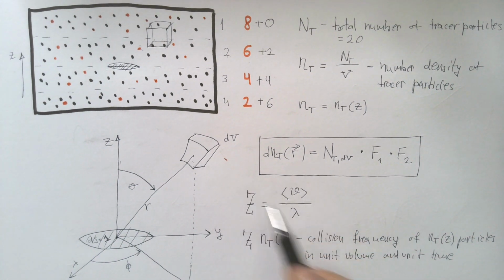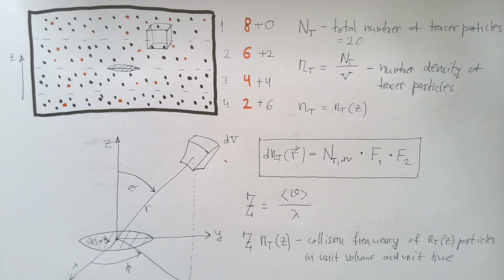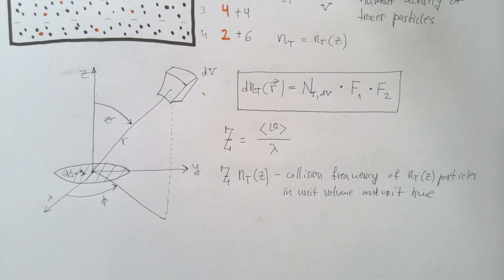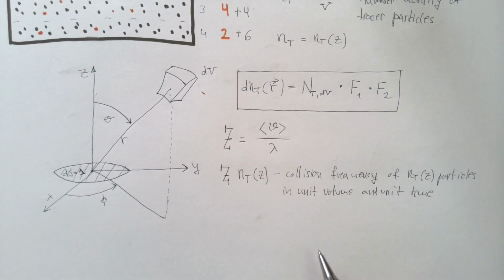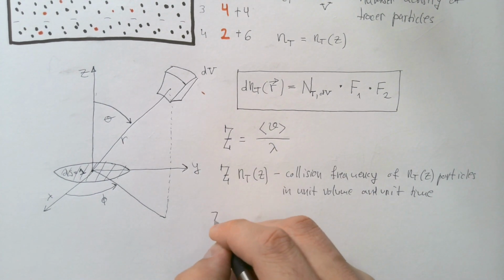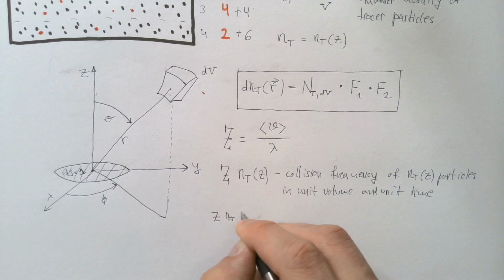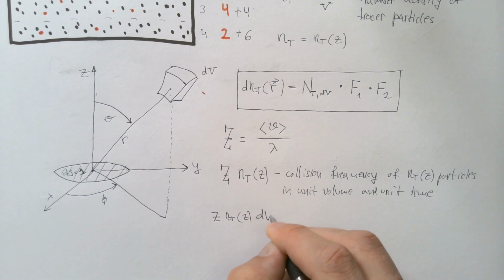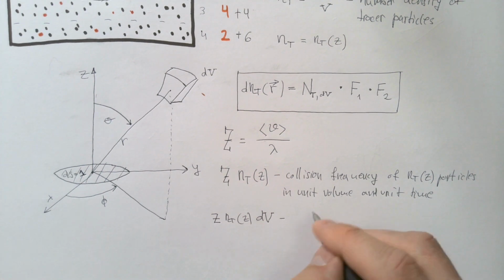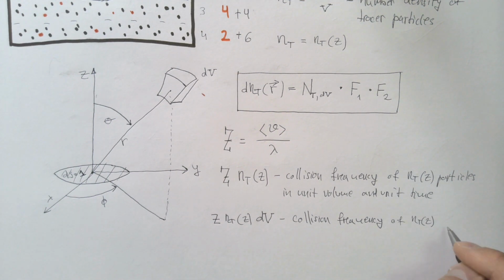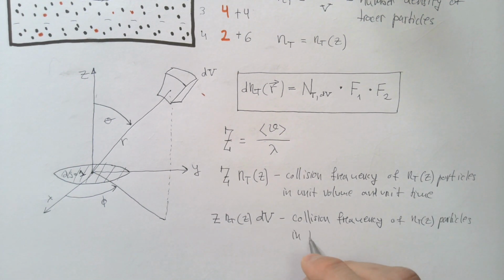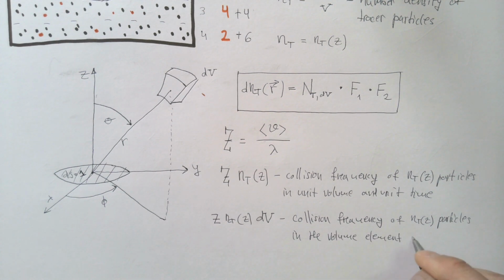Because this quantity in my video on collision frequencies, you will remember, was derived for unit volume and unit time. Therefore, to get collision frequency not in unit volume, but in this volume dv, we multiply by dv. So Z times nt of z times dv will be the collision frequency of nt, which is a function of z, particles in the volume element dv in unit time.